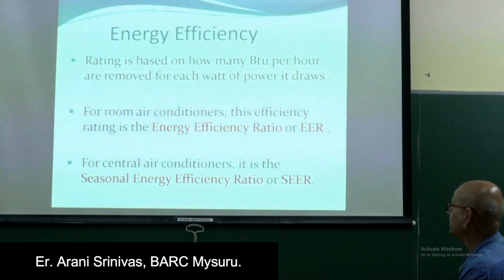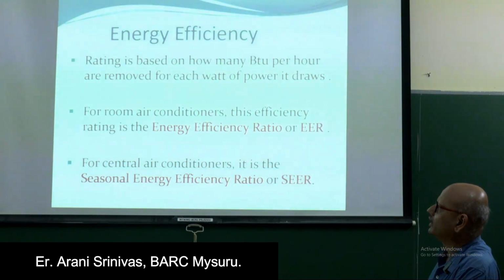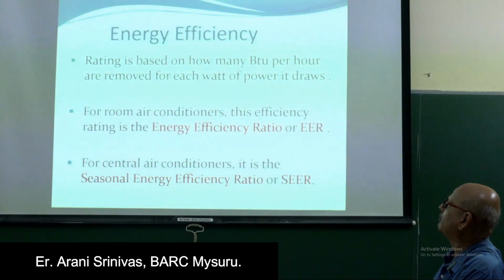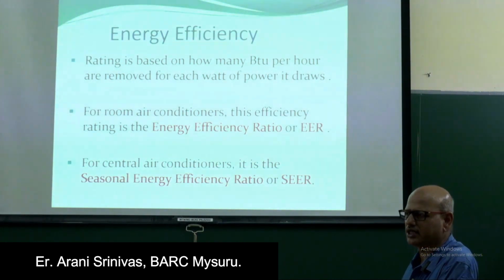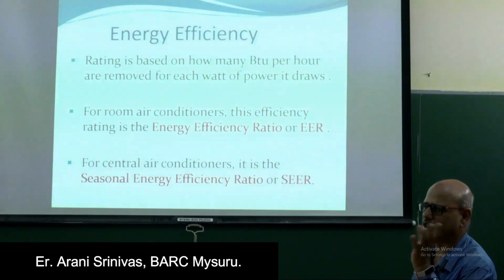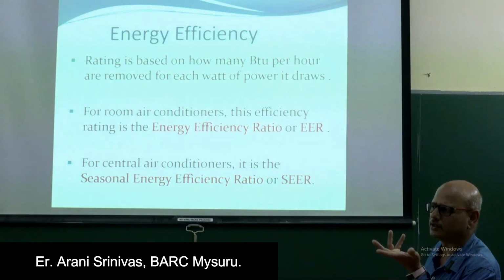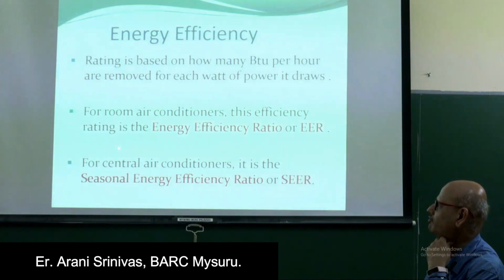So now energy efficiency. The rating is based on how many BTU per hour are removed for each watt of power it draws. So we have to go for an efficient one. How will we know? We will know only by how much heat it has removed and how much power we have put in. That is nothing but what we call COP, coefficient of performance.